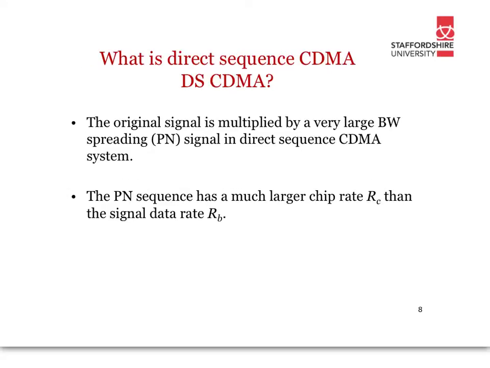The original signal is multiplied by a very large bandwidth spreading code. So if we've got our narrowband signal, we multiply it by a very wide band code, which gives us a very wide band signal that we transmit.